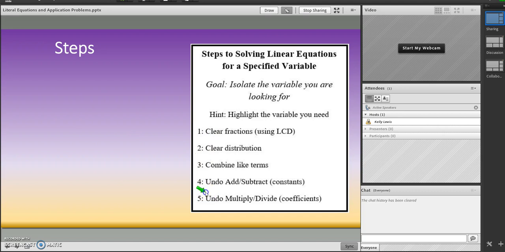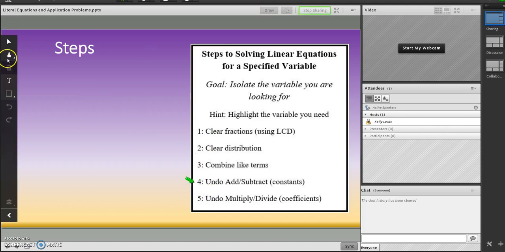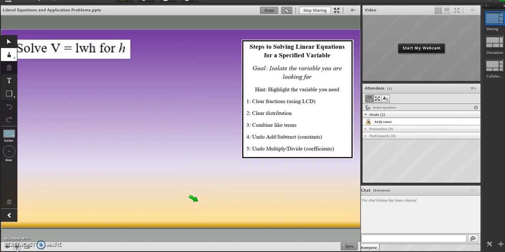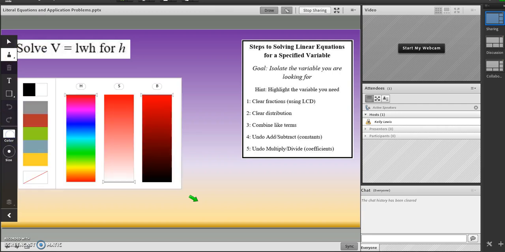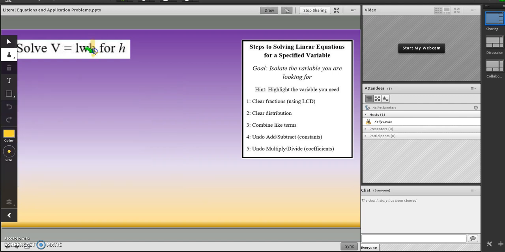And so we're going to go through the same steps. Again, you may not have fractions, decimals, or distribution, but you may have the other three steps. My favorite thing to do is, we want H, to highlight that one.